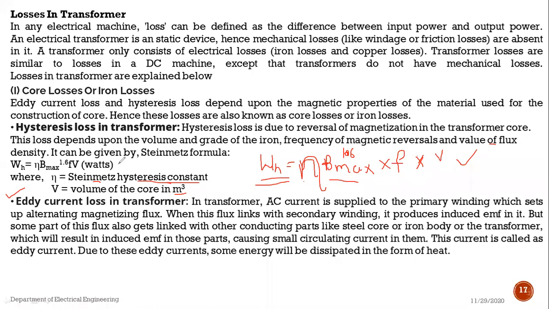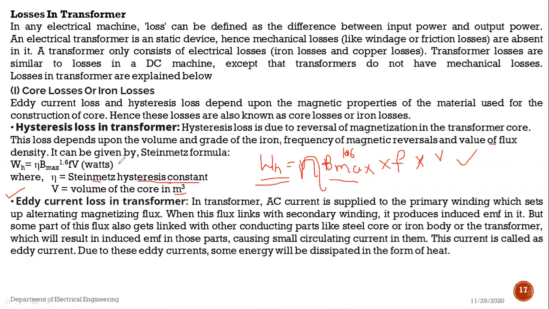Okay, suppose not the total flux produced in the primary winding links to the secondary, म्हणजे primary winding मध्ये produce झालेला जो flux असेल, not the total flux, will link to the secondary. That means there is some flux leakage. So when some of the flux leaks, it will link with some other conducting part.